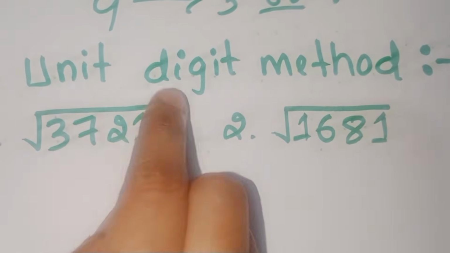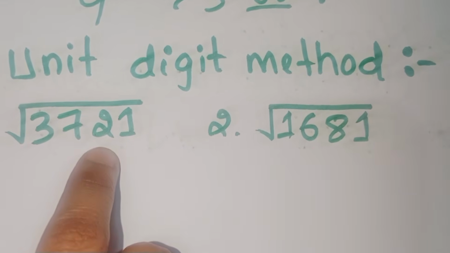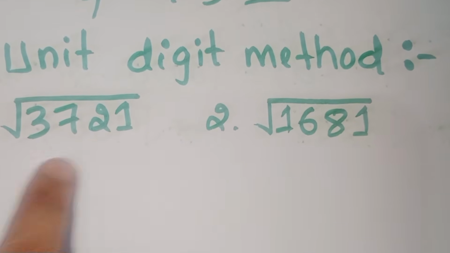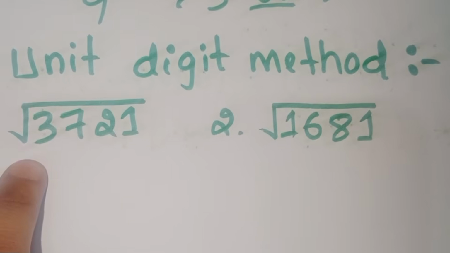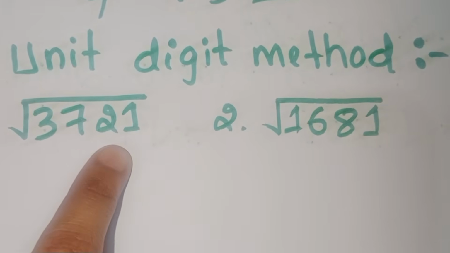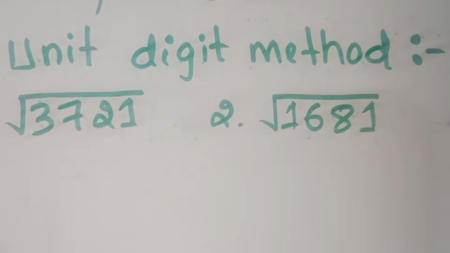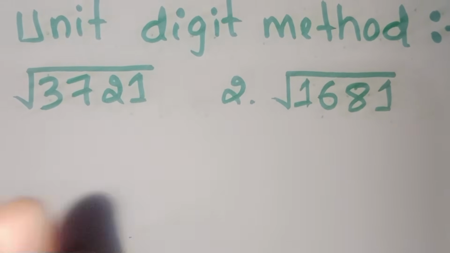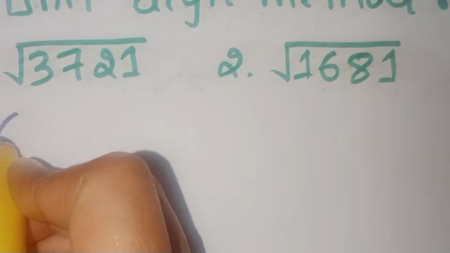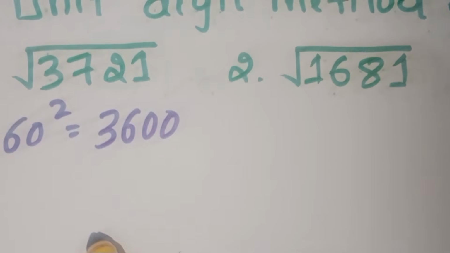Our first trick, unit digit method. Let's use the last digit to narrow down the answer for perfect squares. Example 1. Square root of 3721. The number ends in 1, so the root ends in 1 or 9. We know 60 square is 3600.